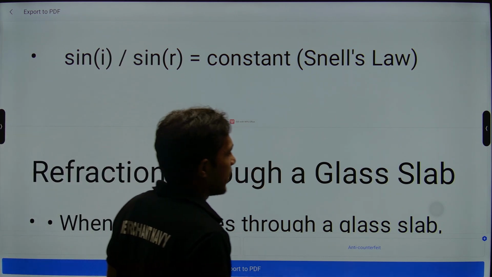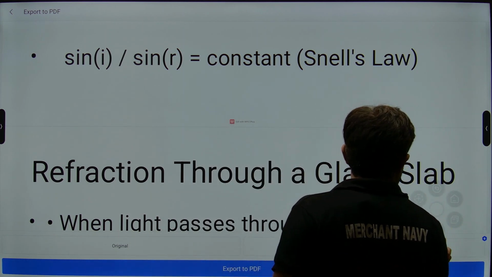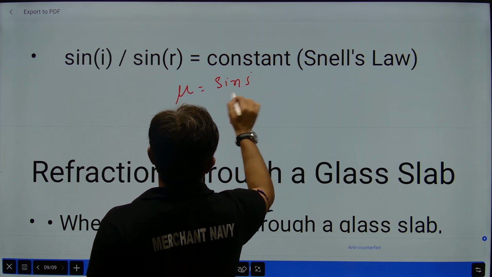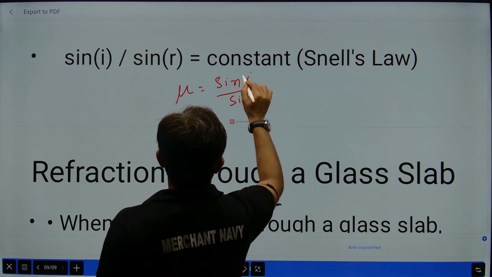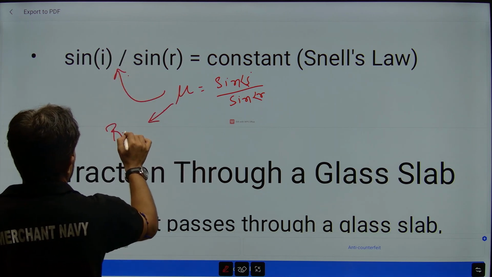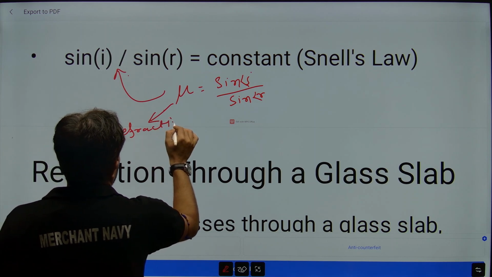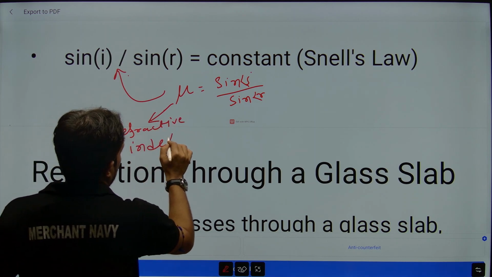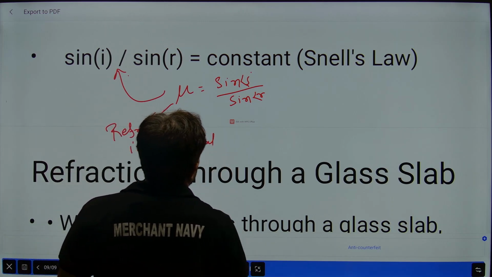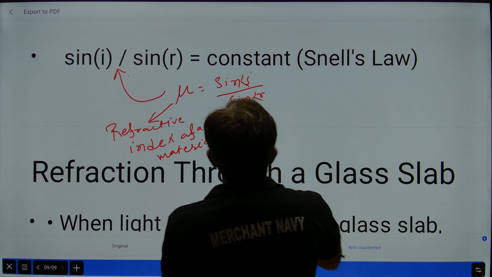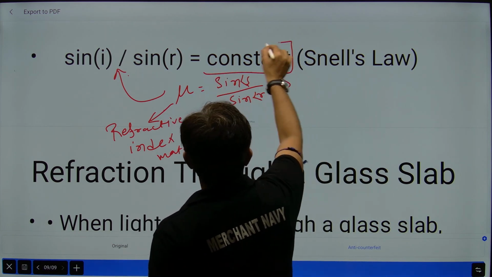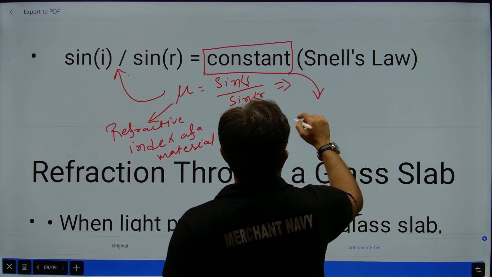As we have read, mu is equal to sin i upon sin r, and this is known as the refractive index of a material or medium. According to Snell's law, this always remains constant.